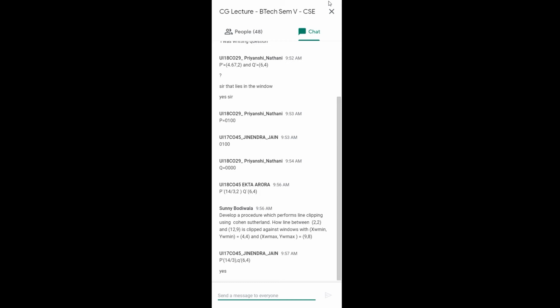Anyone? First intersection point. You just have to check where it is passing, whether it is from the left boundary or right boundary or top or bottom.